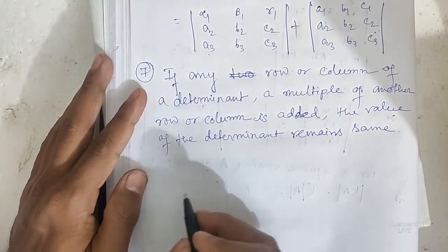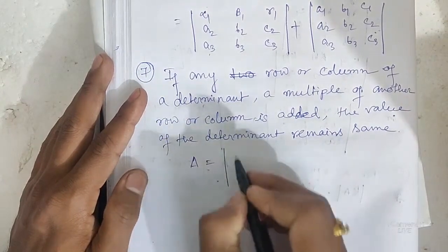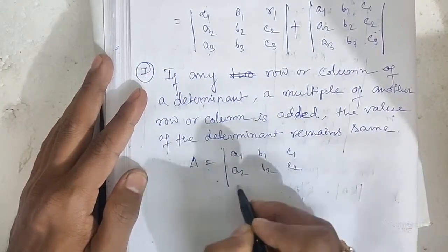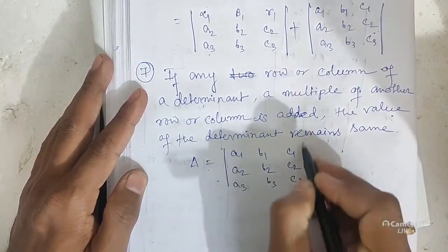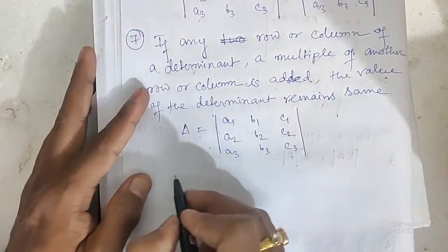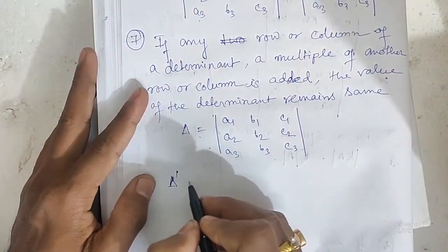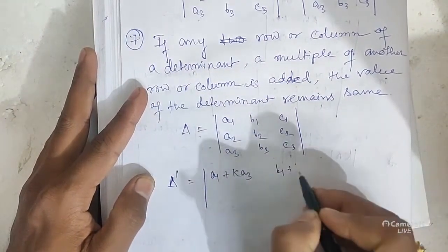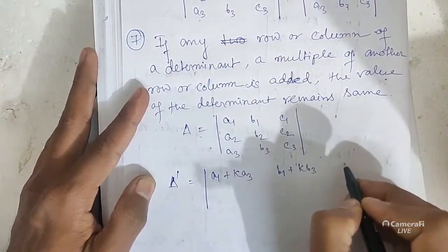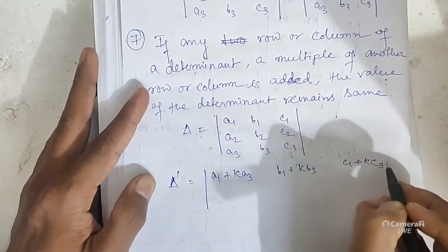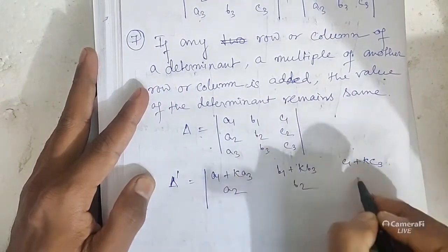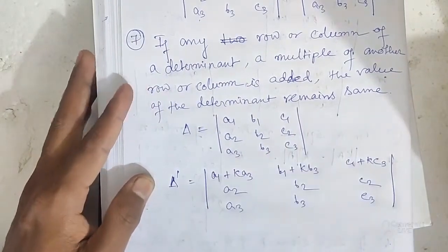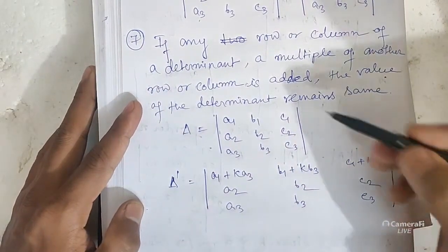That means, suppose a determinant we have taken as A1 B1 C1, A2 B2 C2, A3 B3 C3. Another determinant we have taken, delta dash, equals A1 plus K A3, B1 plus K B3 and C1 plus K C3, A2 B2 C2, A3 B3 C3. So these two determinants are same.